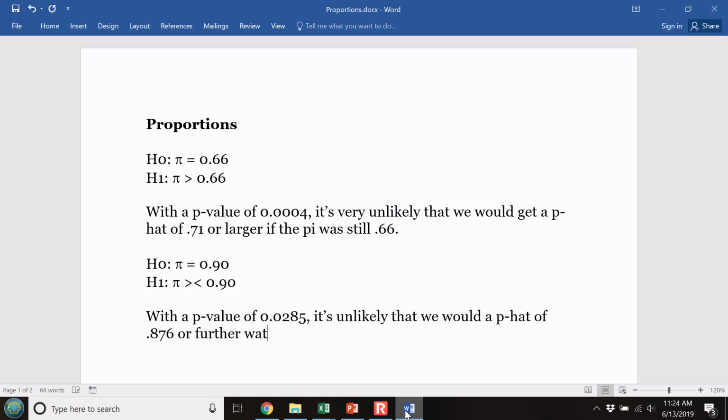Or further away from 0.90 if pi was still 0.90. It's a little awkward, but we'll live with that.